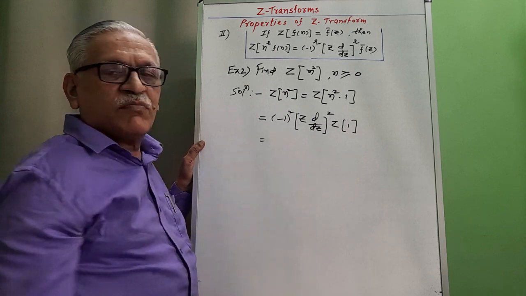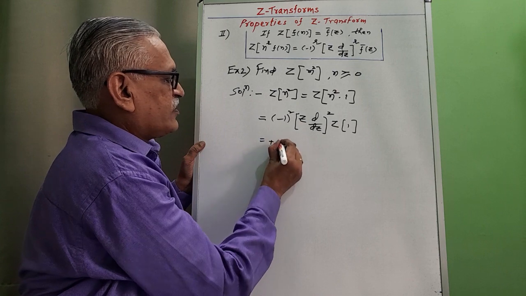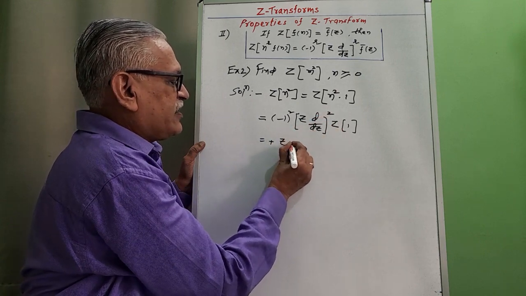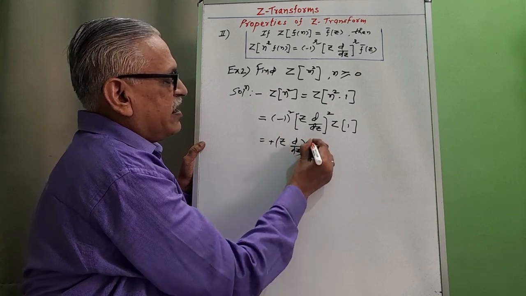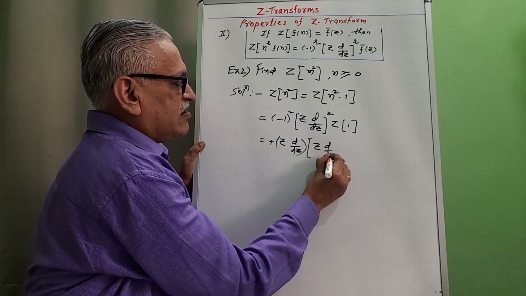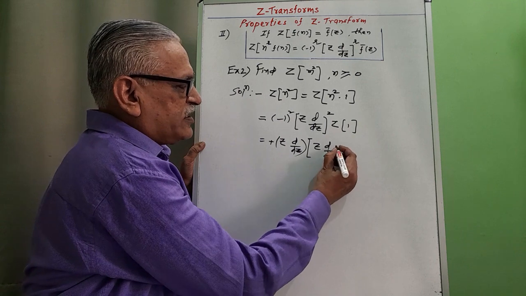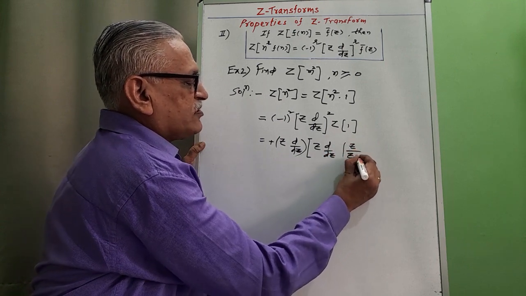It is equal to minus 1 raised to 2, sign is positive, that z d by dz whole square, we can split it as z d by dz, and again z d by dz, operated on z transform of 1, value is z upon z minus 1.